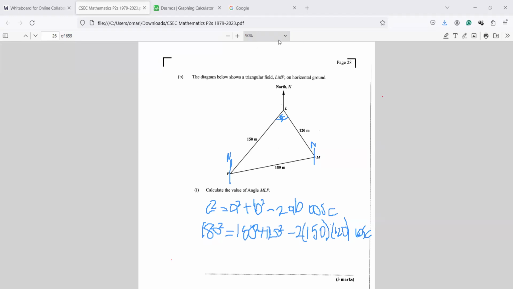You'd find the value for 150 squared, that would be 22,500. And you'd find the value for 120 squared, and that would be 14,400. You do the same for this section, so it would be 2 times 150 times 120, and the cos C would remain the same. So we're basically just breaking it down so we can find what C is, because remember, we're trying to find an angle.